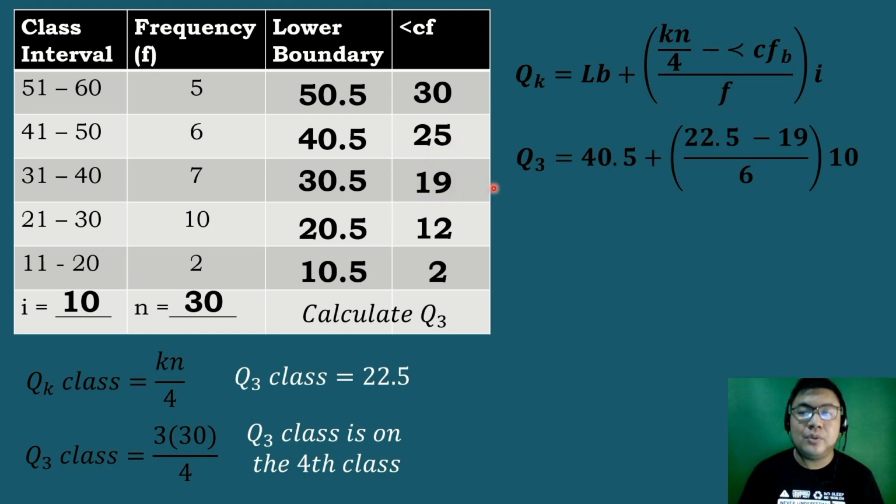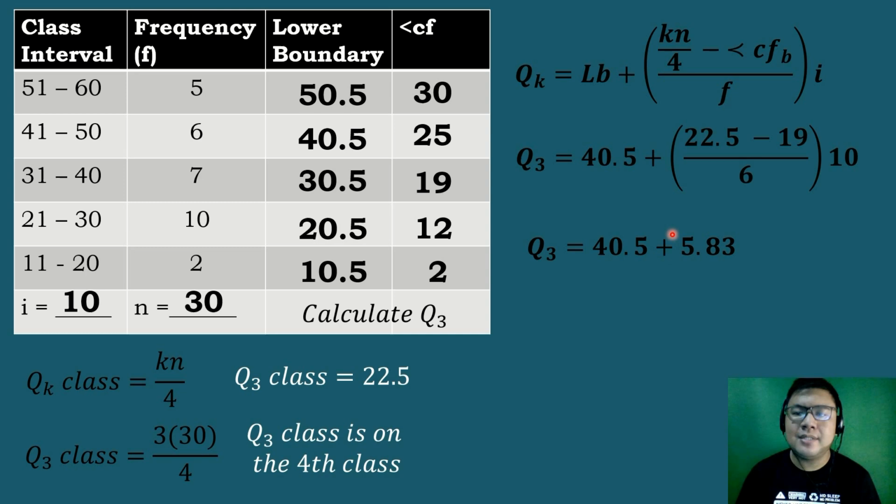So the less than cumulative frequency before the quartile 3 class is equal to 19, all over the frequency of the quartile 3 class. So the frequency on the fourth class is equal to 6, times the value of i, or the class width, which is equal to 10.